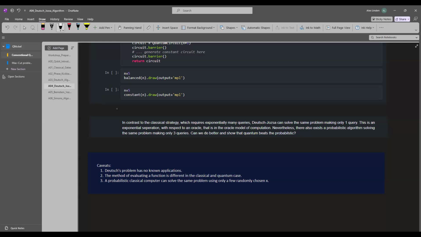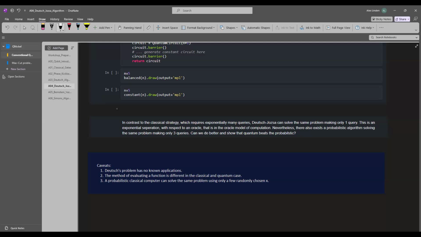So the caveats. What we've been solving is named Deutsch's problem in the simplified version, Deutsch's algorithm, and in the full version, the Deutsch-Jozsa algorithm. But it has no known applications in the real world, which we would like to have.